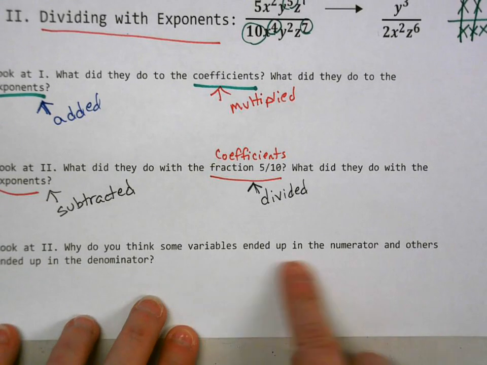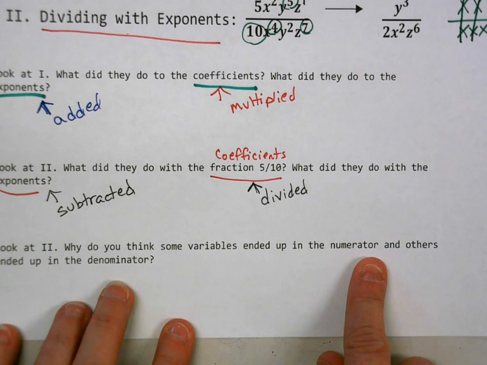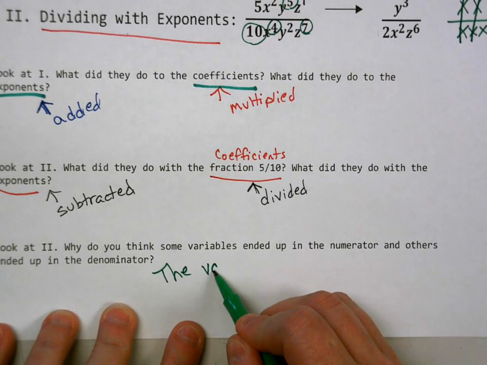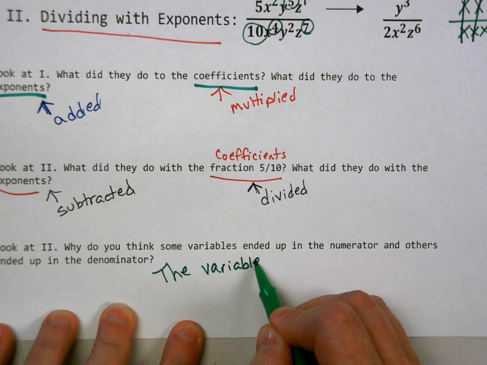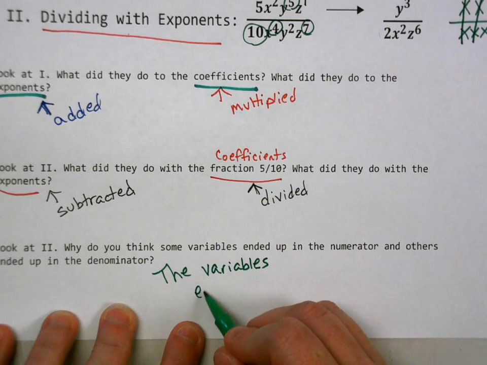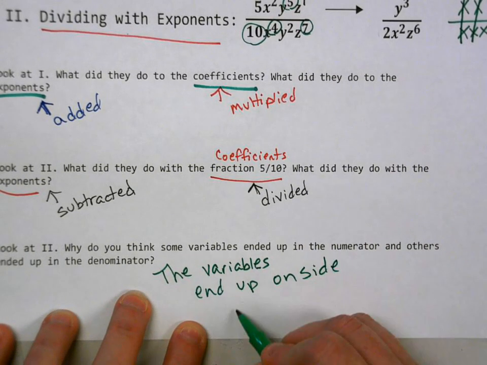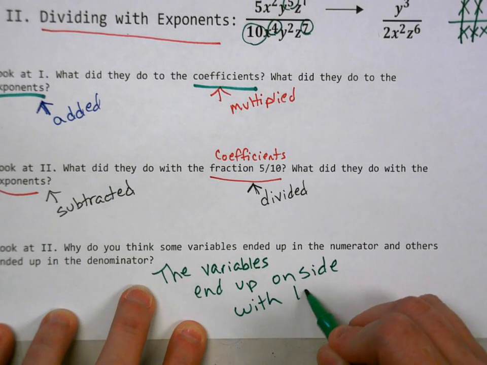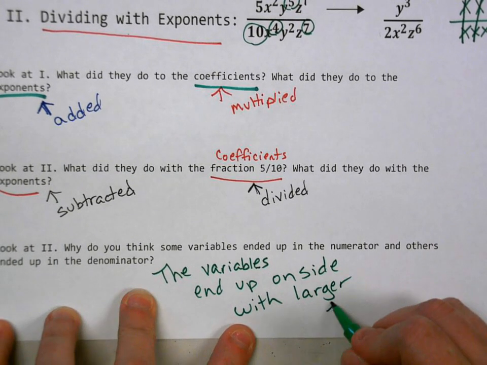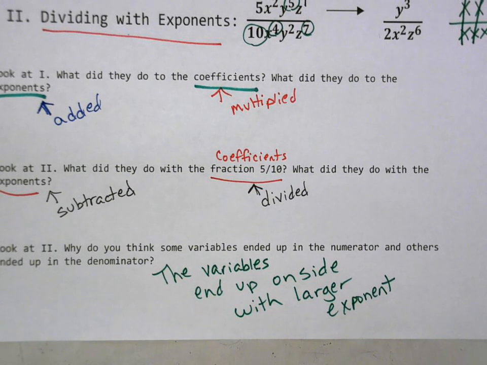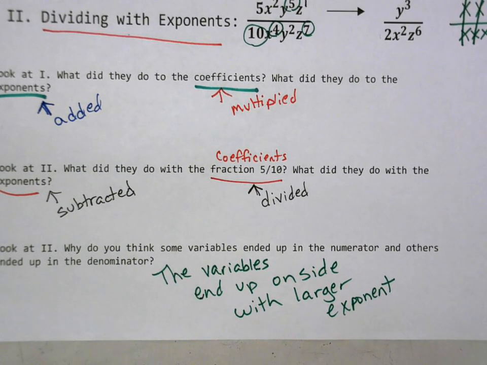Okay, so why did some end up on the top and some end up on the bottom? So the variables end up on the side with larger exponent. Okay. The variables end up on the side with a larger exponent.